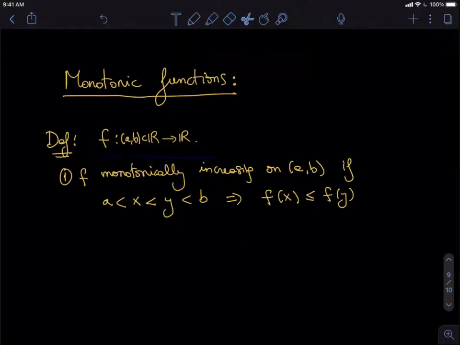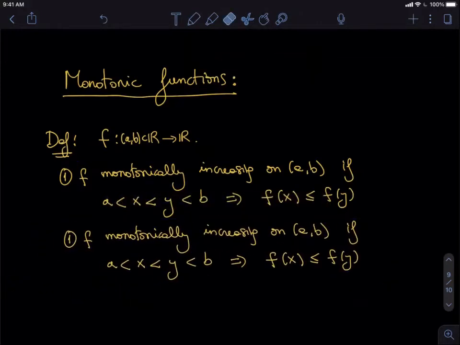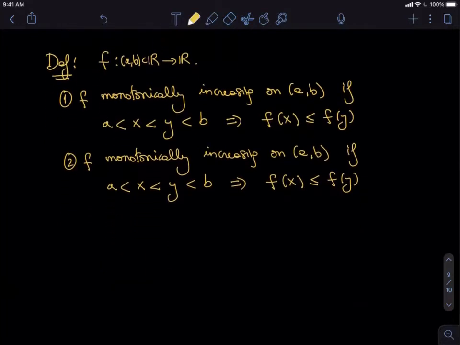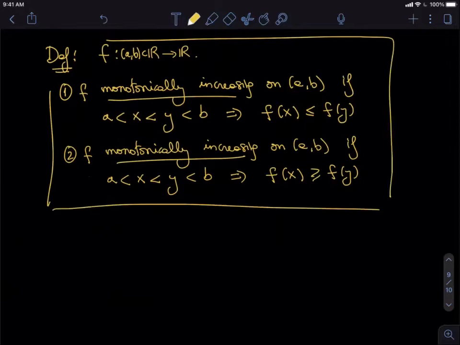Now, the definition for monotonically decreasing is similar. In this case, instead of going up, the function does not go up. It could stay the same or go down. So obviously, the easiest example would be f(x) equal x.